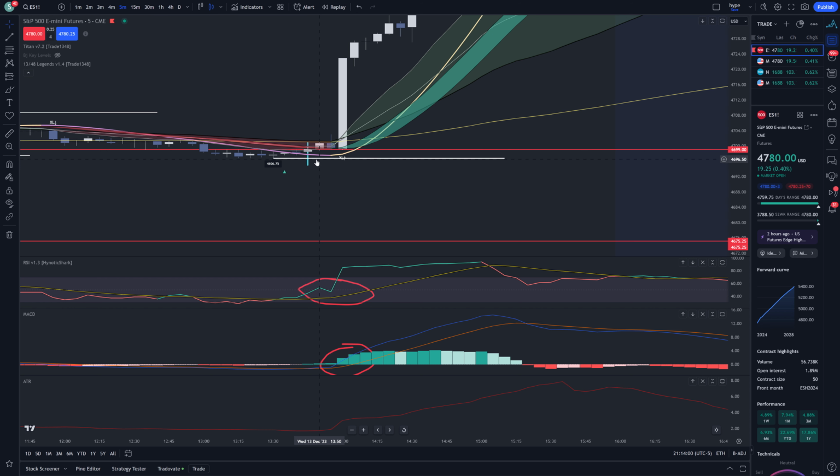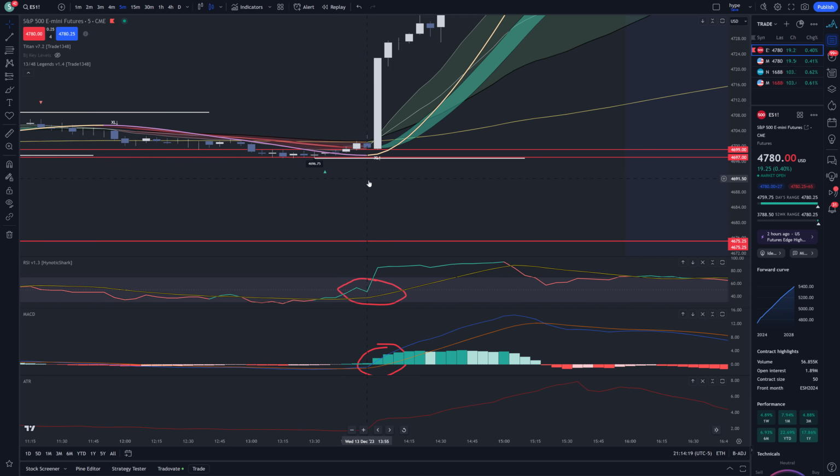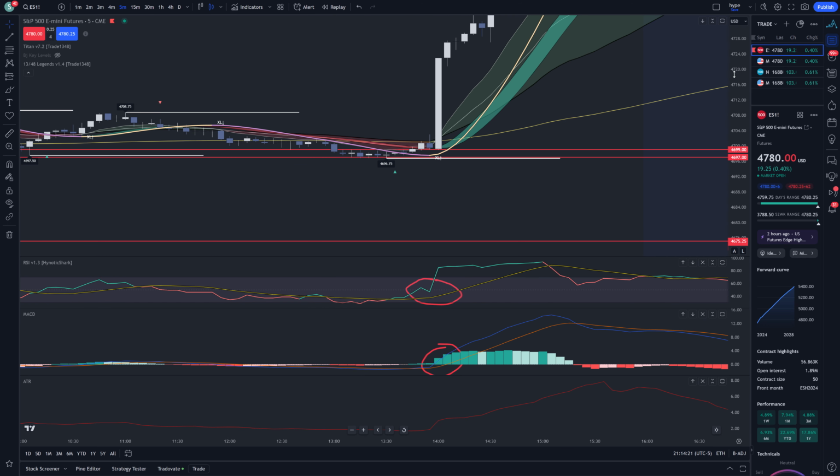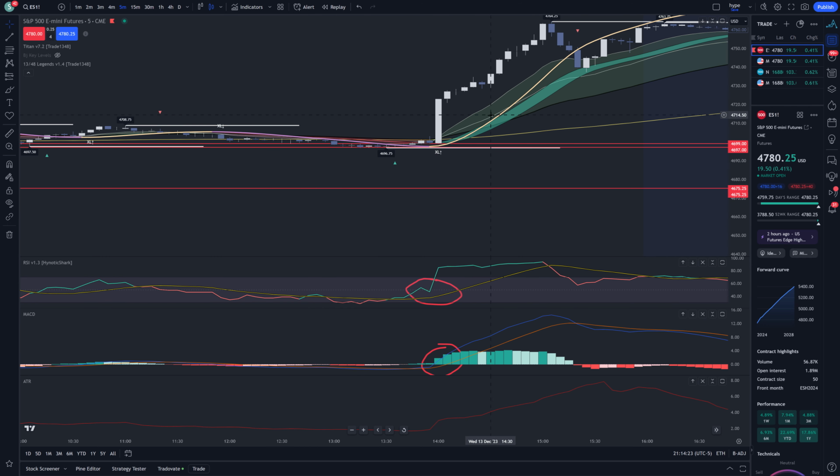So that would be 4697 even. This is our stop. Okay. Now it's really important to have a tight stop, especially with FOMC. So I am not very mad at this. As you could see, no candle hit your stop, and you were able to make a ridiculous amount of money.